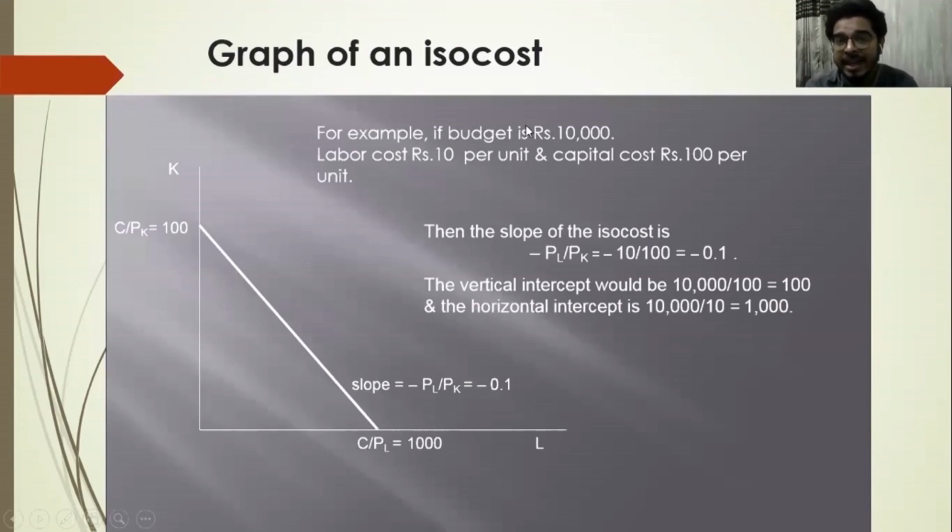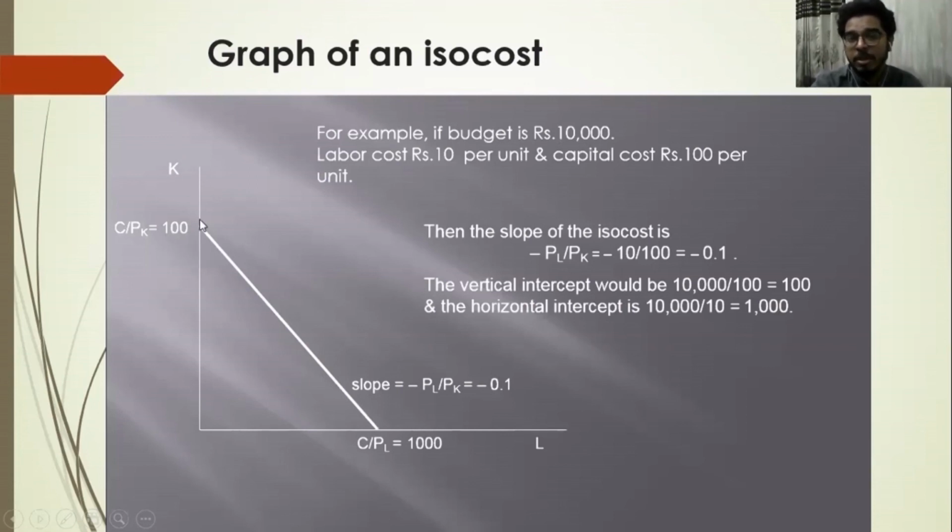And how do I get that? If the budget is rupees 10,000, the outlay is 10,000, labor cost is 10 per unit, capital cost is 100 per unit. Hence, how much labor can I use if there is no capital? 10,000 by 10, that is 1,000 units, sorry, and 10,000 by 100, that is 100 units.